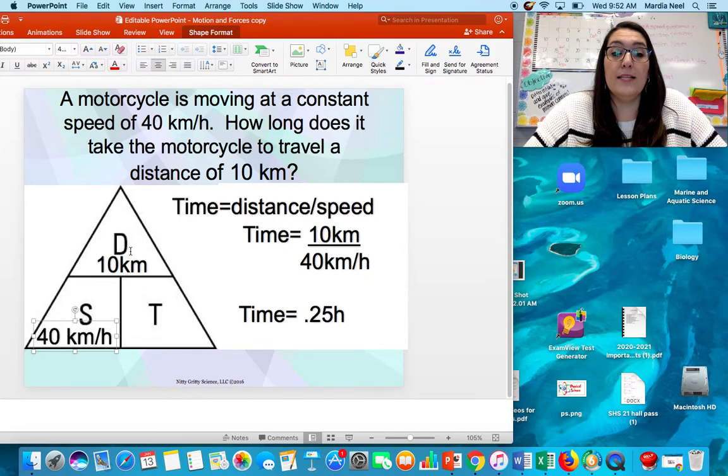So my formula is distance divided by speed. My distance is 10 kilometers. My speed is 40 kilometers per hour. I'm going to do the math. My kilometer units cancel out. They're the same on the top and the bottom. I'm left with hours. So my time is 0.25 hours. Roughly 30 minutes.